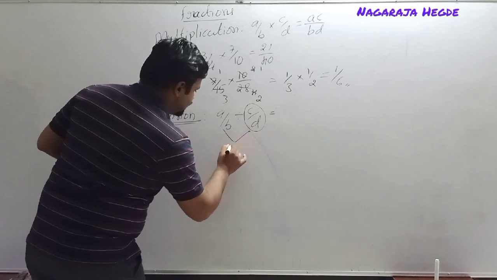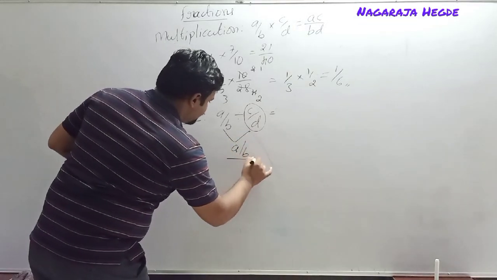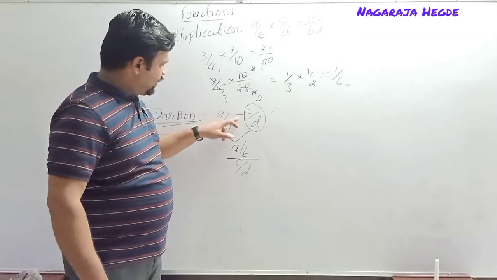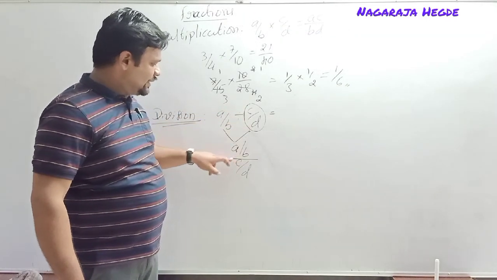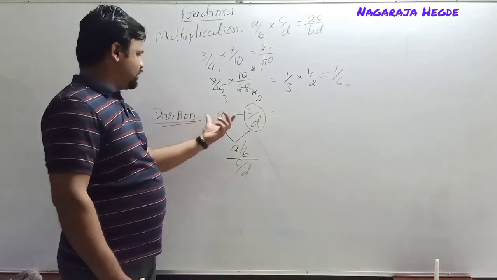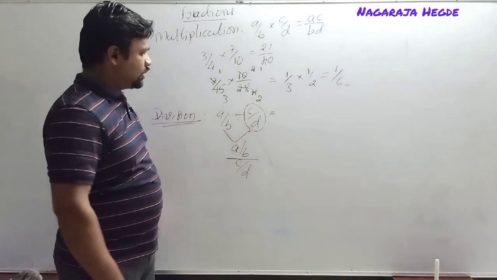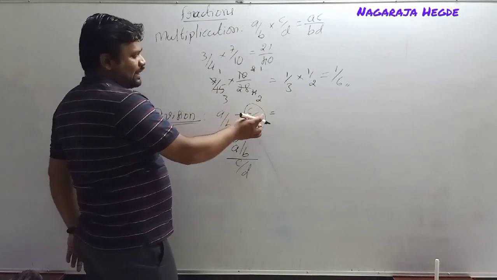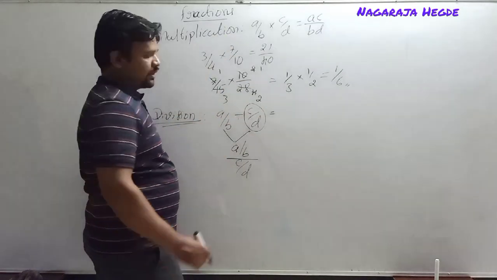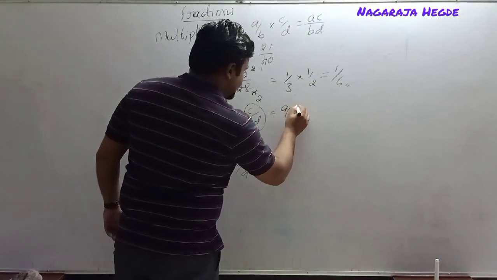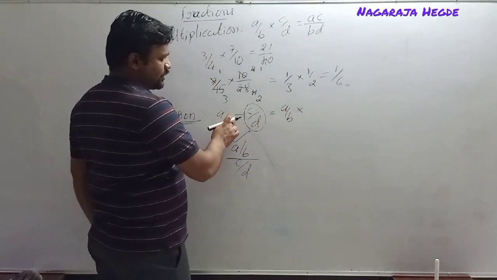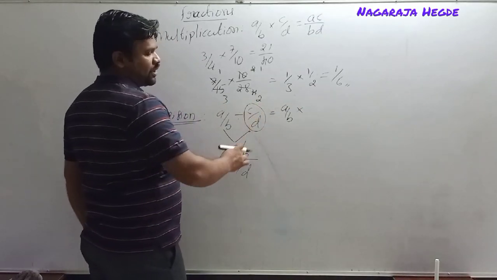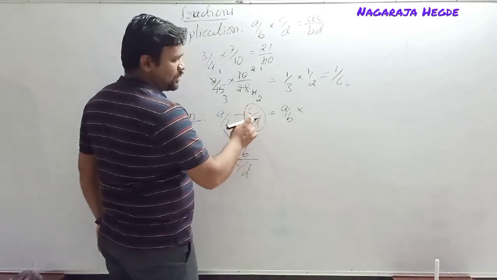This can also be written as a by b divided by c by d. This c by d is the denominator of this part. So now this division can be converted to multiplication by taking the reciprocal of the denominator. That means a by b into, this division is going to convert into multiplication by taking the reciprocal of the denominator. What is the reciprocal of c by d?